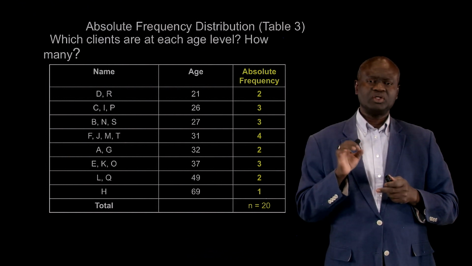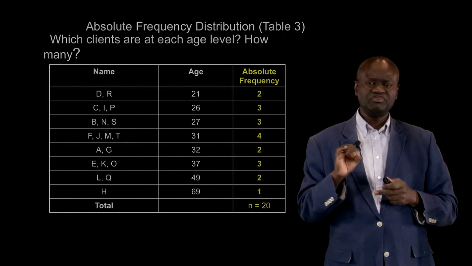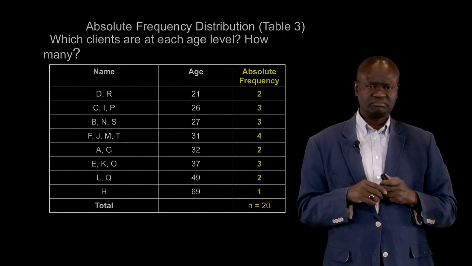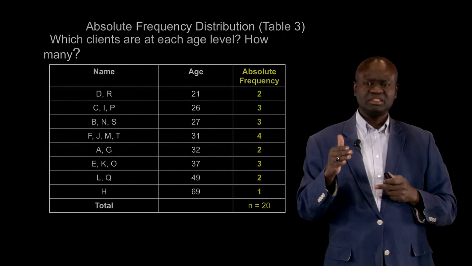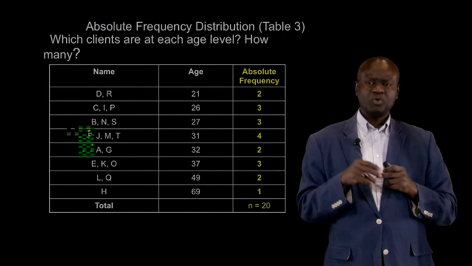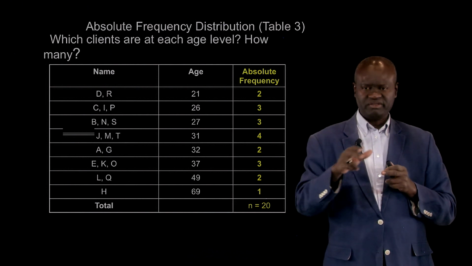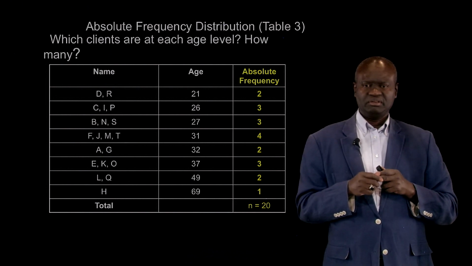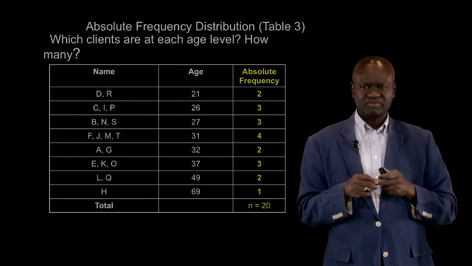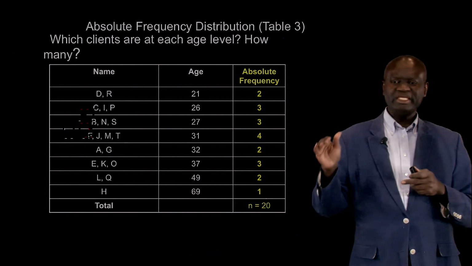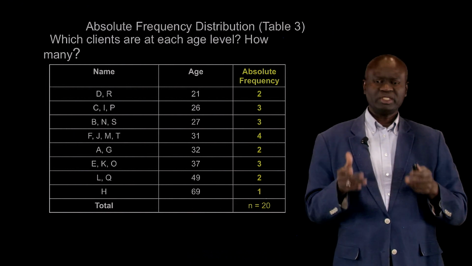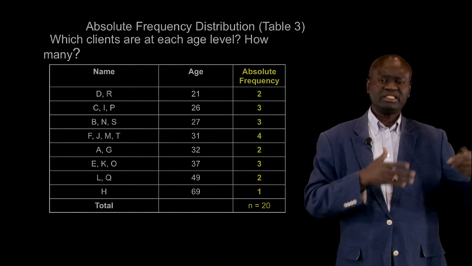So absolute frequency represents the number of individuals who are 21. And then the number of people who are 26 is 3. Who are those people? C, I, and P. Those people who are 27, the third row, you have B and S who are 27, and how many are they? 2.